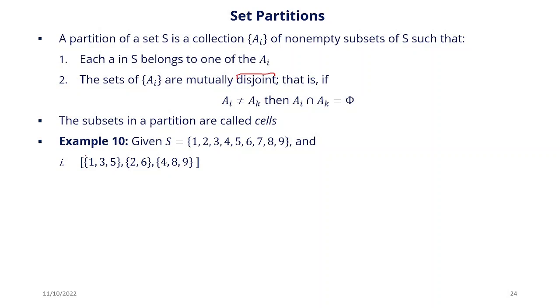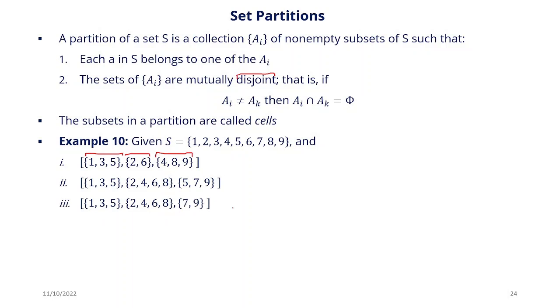So suppose I have a breakdown of the original set like this, and then I have another breakdown like this, and then I have another breakdown like this. Which of them is actually a partition? Only number 3 is a partition.